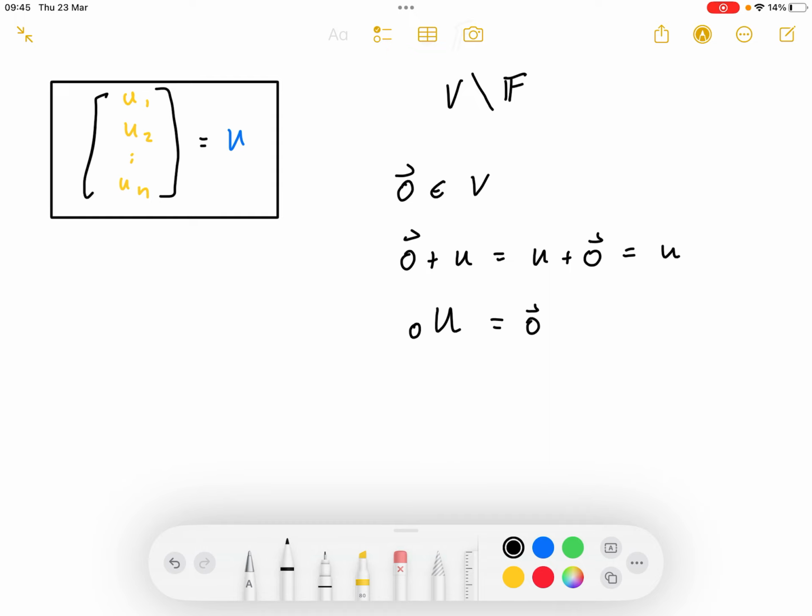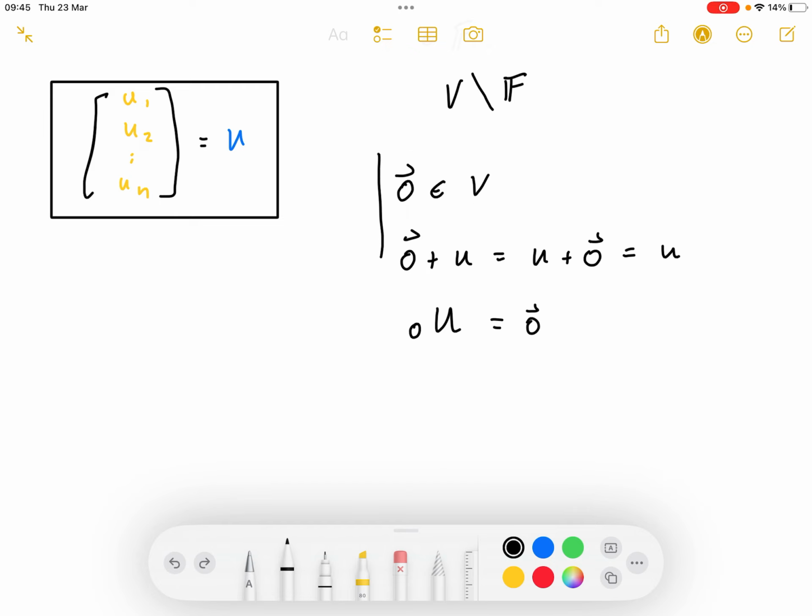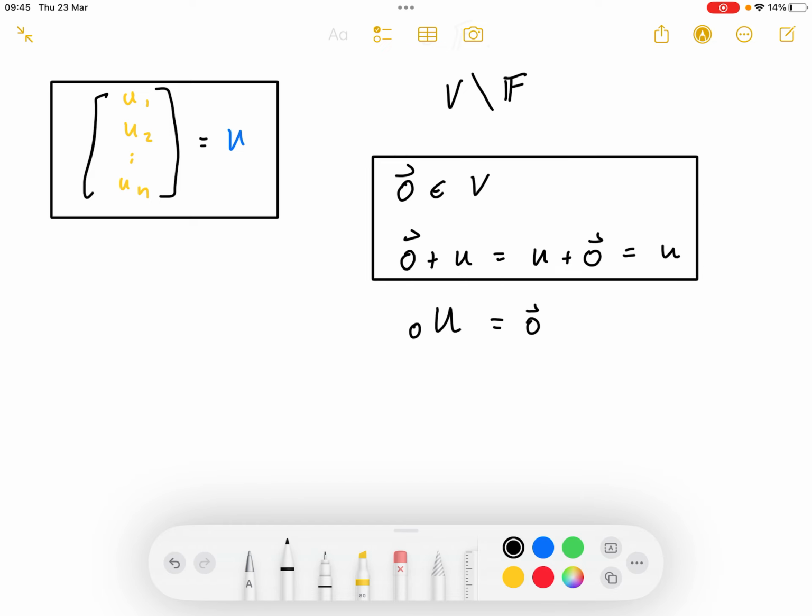You should also say, that's very nice. Actually, I should put these two together in one box. And there should be like a there exists here, such that.